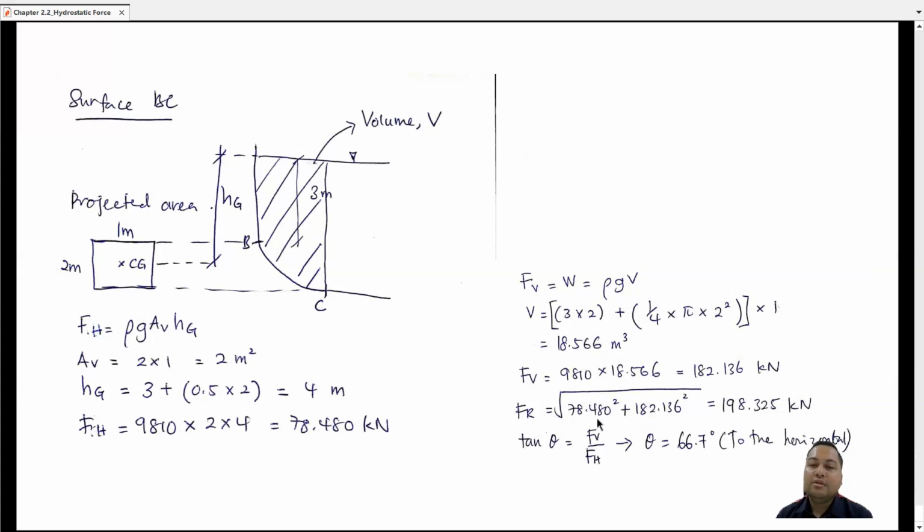Fh squared plus Fv squared, take it as a square root and we got it as 198.325 kilonewton. And for the direction, tangent theta is equal to Fv over Fh. So theta is equal to tangent inverse of this, and we got it to be 66.7 degrees to the horizontal.